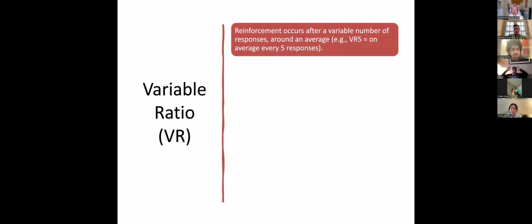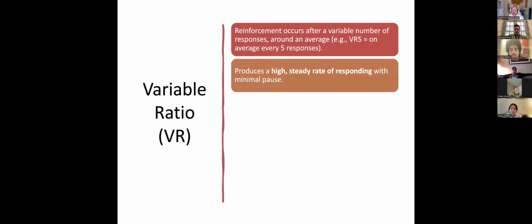What we mean by this is that with a VR5 schedule, it could be after 4 responses, it could be after 5, it could be after 6, but we're delivering reinforcement on this average schedule where it's not fixed. It's a variable schedule around 5 responses. This schedule produces a high, steady rate of responding with minimal pause. So we don't really see the post-reinforcement pause like the fixed ratio schedules produce.